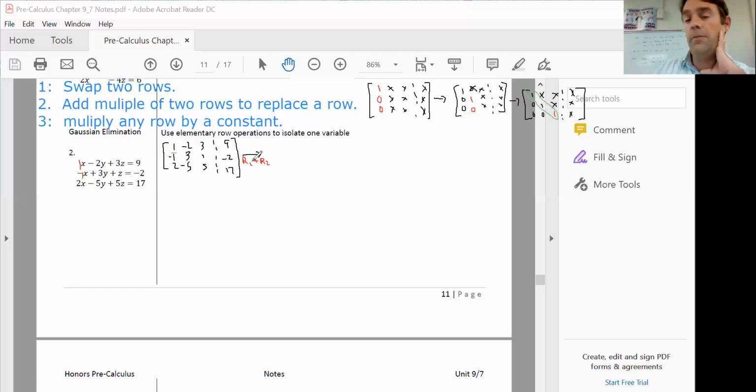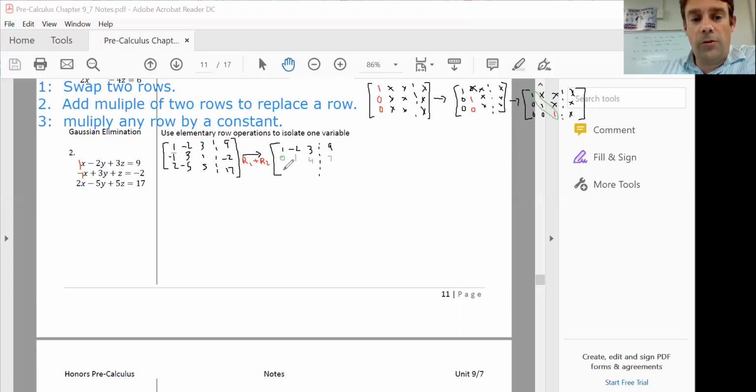And I'm going to use that to replace the second row. So I have 1, -2, -3, or +3, sorry, 9. All right, so 1 plus -1, when I add the 2 rows, turns this into a 0. -2 plus 3 turns that into a 1. 3 plus 1 is 4. 9 plus -2 is 7.